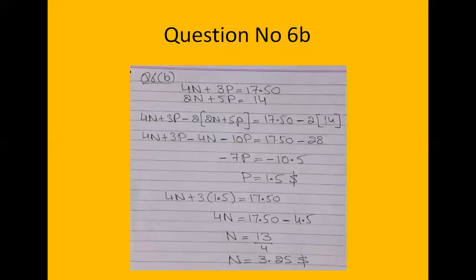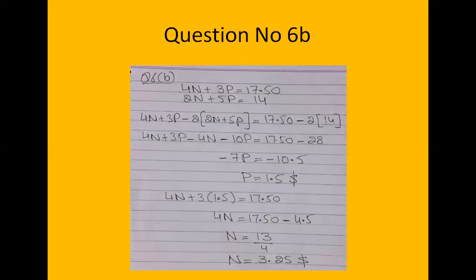And 4N will equal 17.50 minus 4.5, that will be 13. And this 4 will go to the other side, it will divide. So you will have 13 divided by 4, and the N value will be $3.25. So the price of 1 pen is $1.5, and the price of a notebook is $3.25.